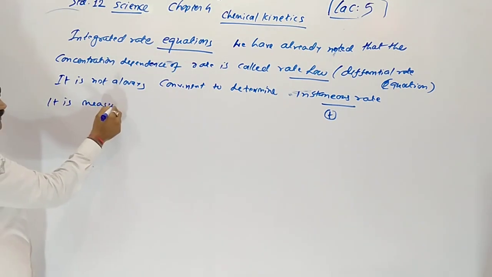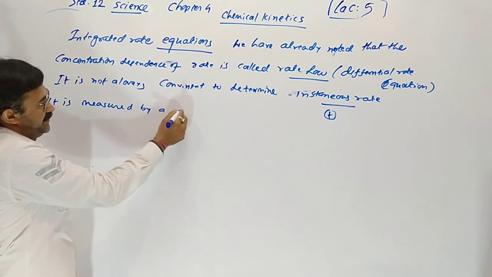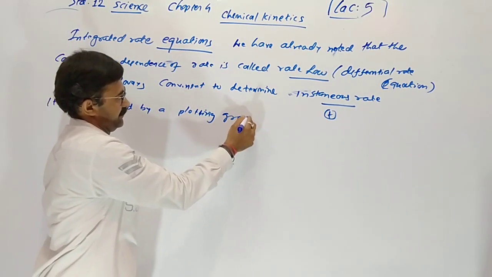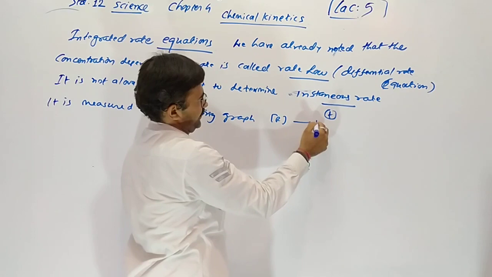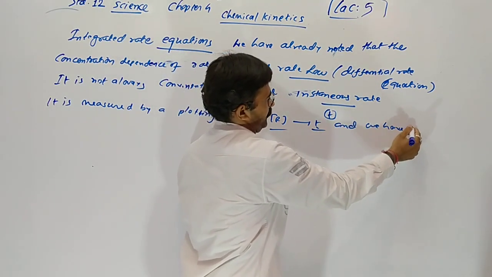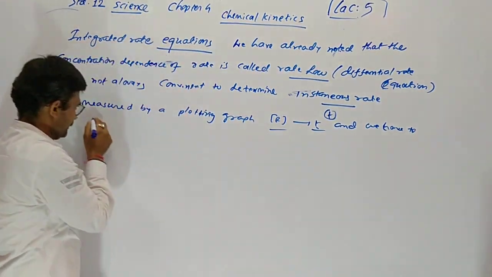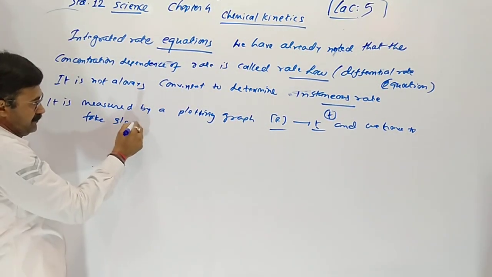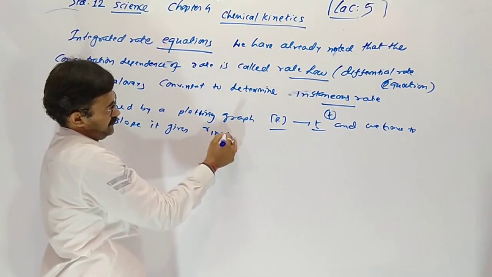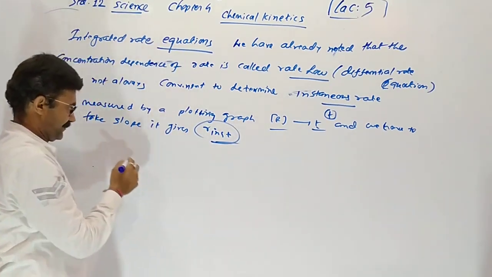It is measured by plotting a graph, concentration versus time, and we have to take a slope. It gives the instantaneous rate.